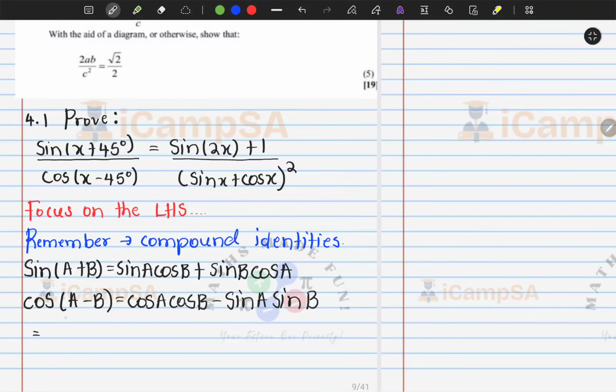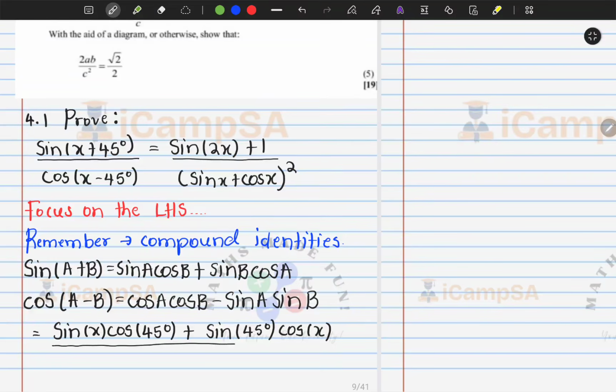On the numerator, we are going to have sine of x multiplying cos of 45, and then plus sine of 45 multiplying cos of x.